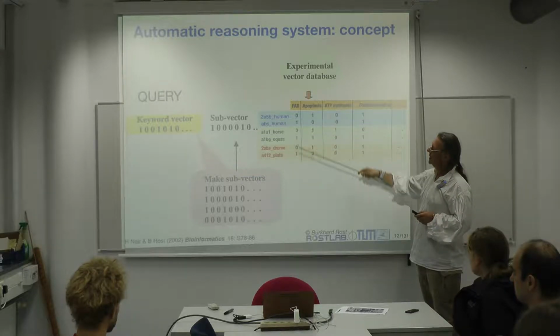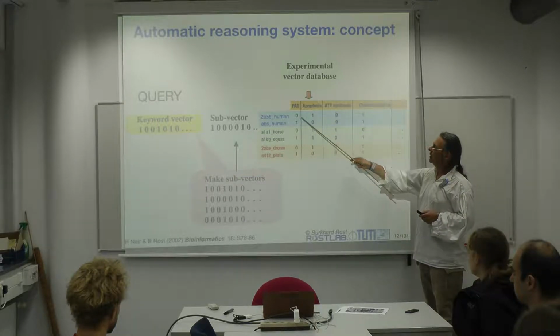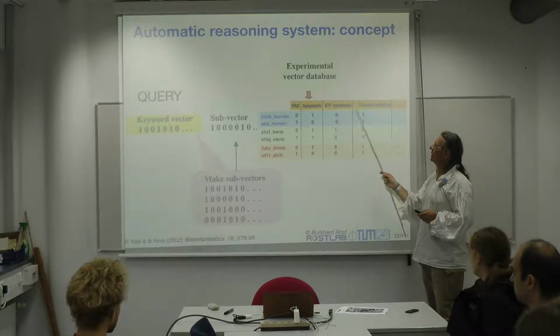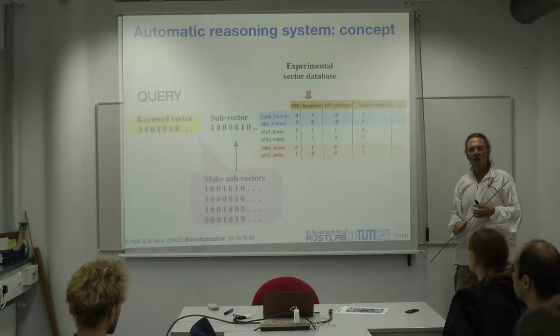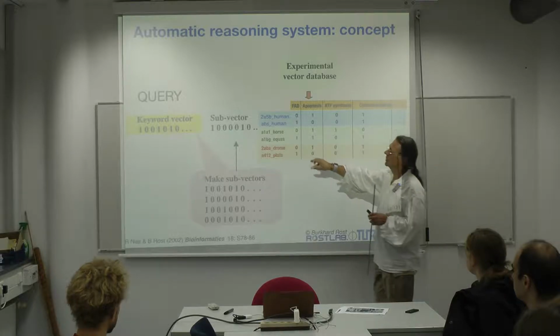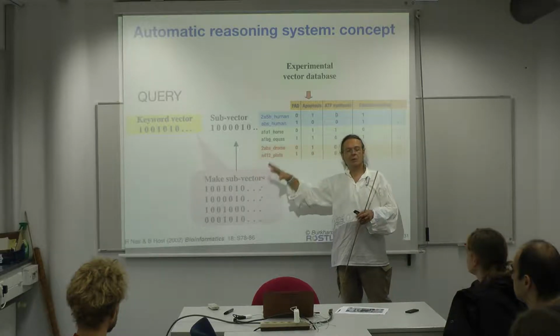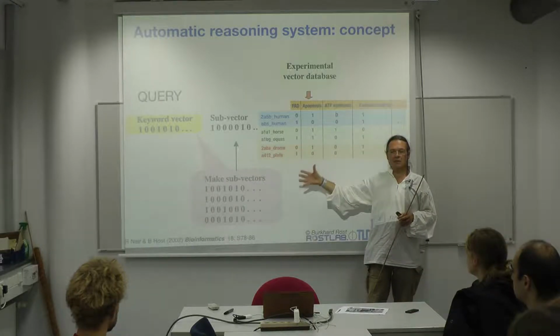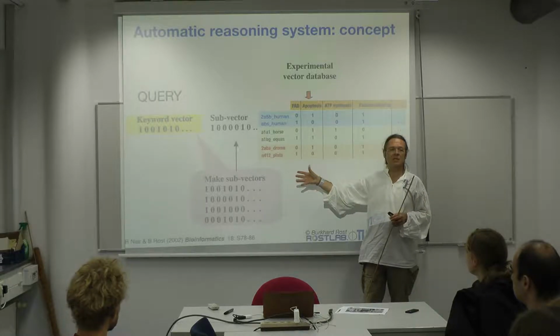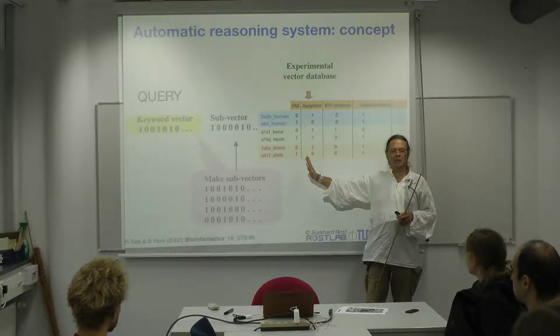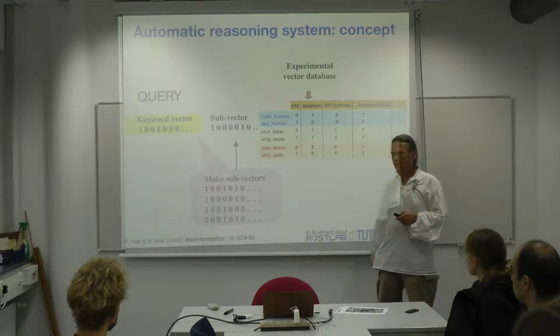The rows are the proteins. That creates a vector where a keyword is not there, is there, not there, there. And then essentially I will use this keyword in subvectors in a database, and I simply look up what is the closest of proteins for which I know the subcellular localization, for which I know the keywords, to the query protein for which I only know the keywords.